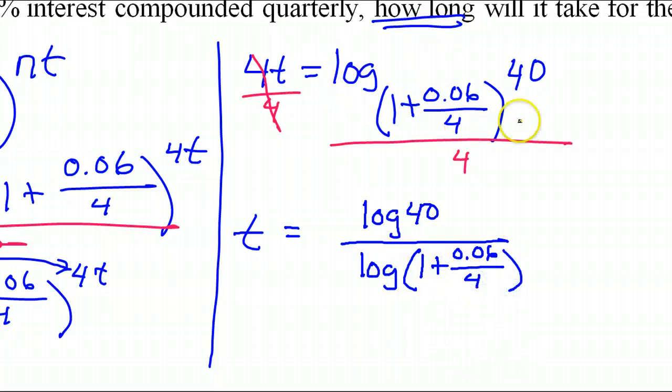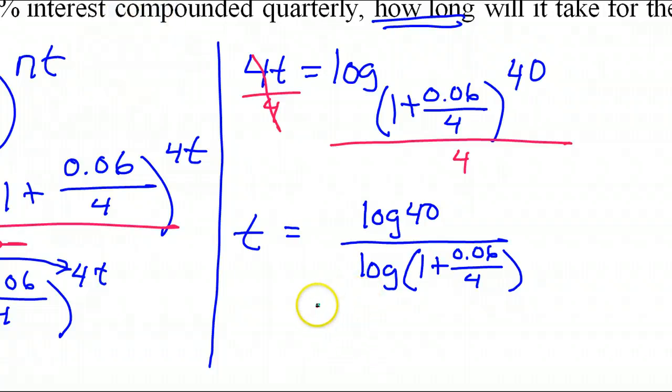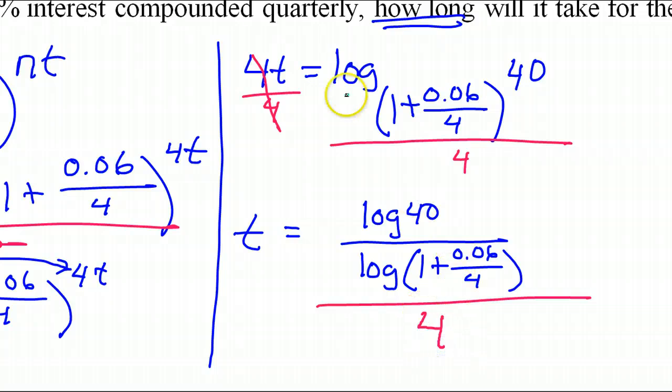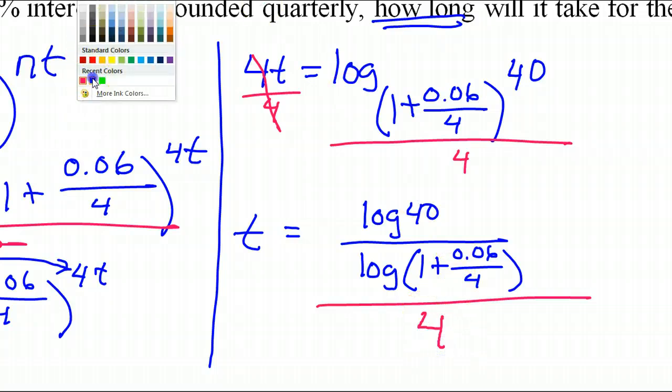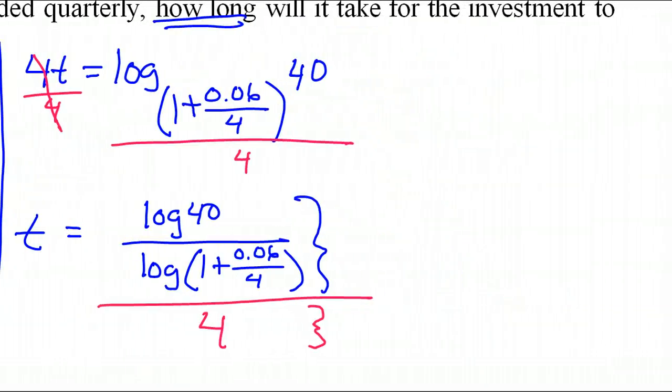Now that is the blue part, so I'm going to keep it color matched here, and that is all over 4. Please notice that all of this is the numerator, and the only thing in the denominator is the 4. The blue part is the numerator, and the single pink number is the denominator. That's important for when you go to type this in your calculator.